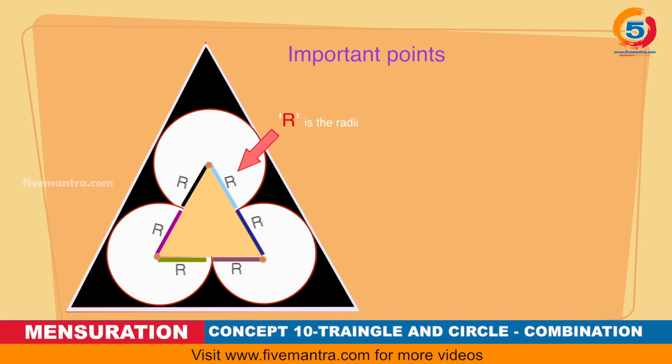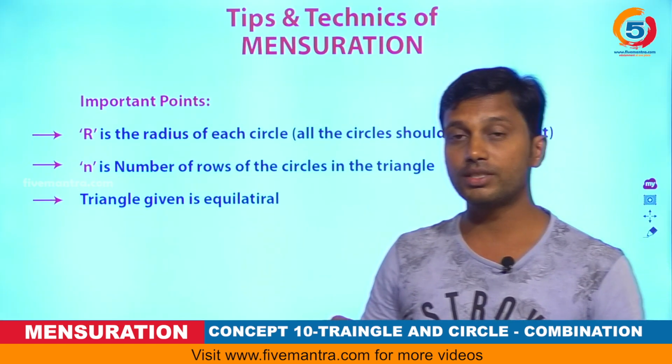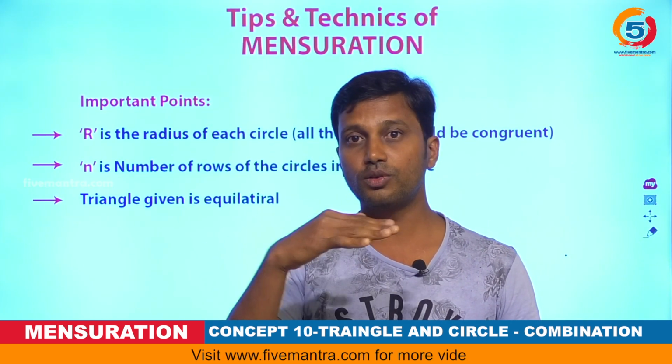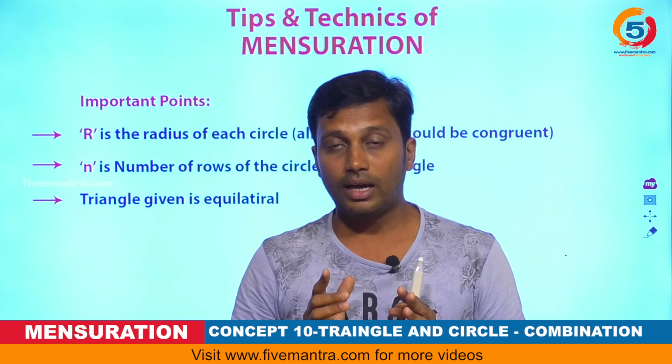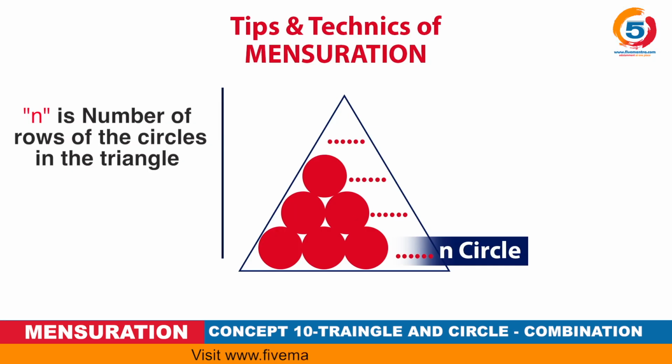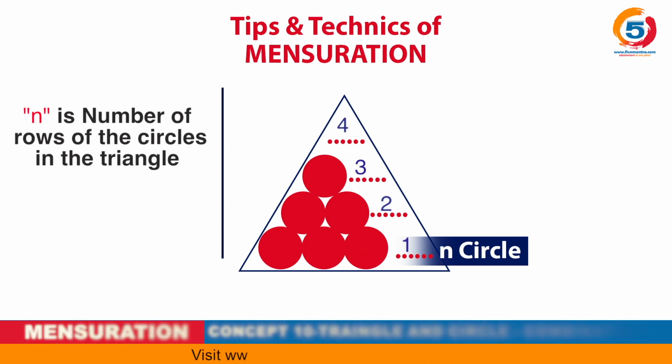Here R represents the radius of each circle, where all the circles are congruent. Congruent in the sense that all circles have equal radius. And finally, n is the number of rows, meaning the rows in which we are arranging the circles. I want to be very clear here that n is not the number of circles. n is the number of rows of the circles.